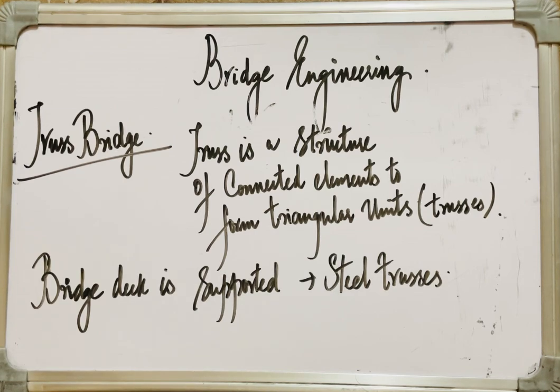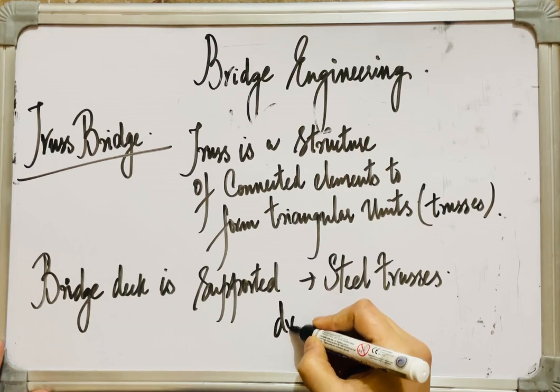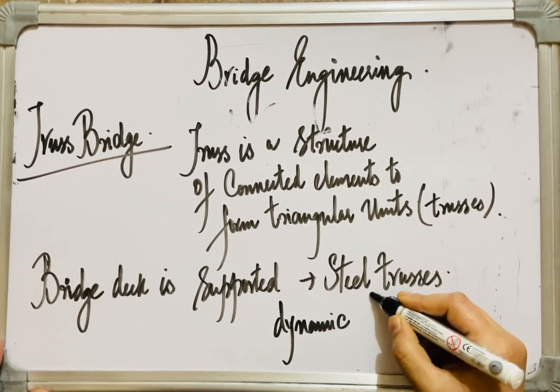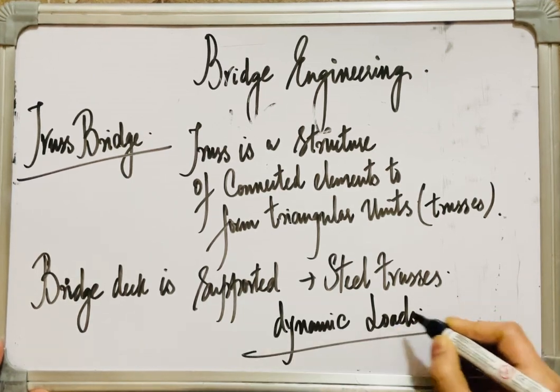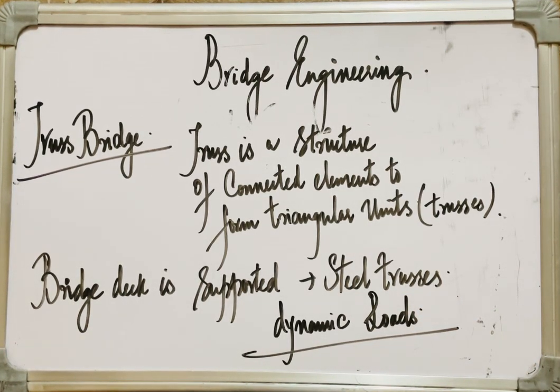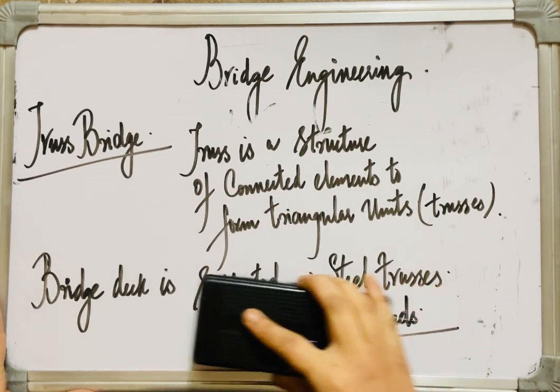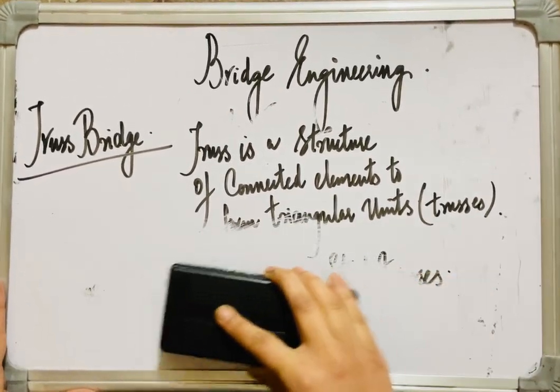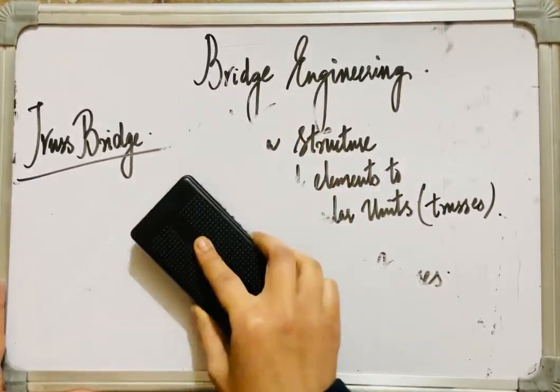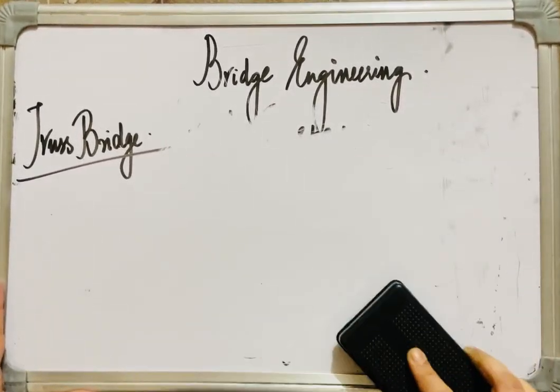So these truss bridges incorporate triangular sections, which are known as trusses, to create a structure which is capable of handling dynamic loads. And these trusses absorb both tension and compression. You must know that. They have the capability of absorbing both tension as well as compression.